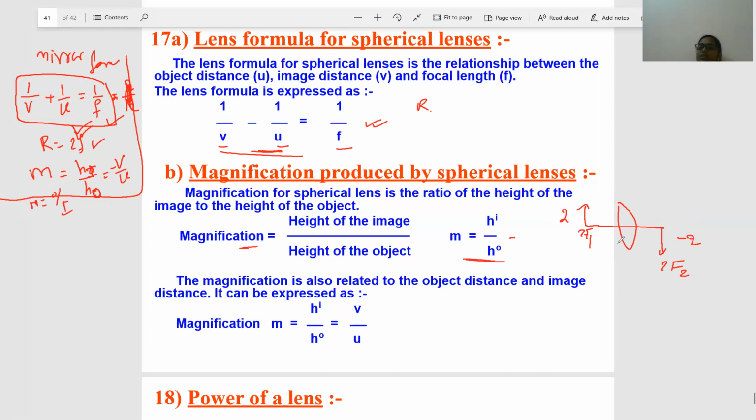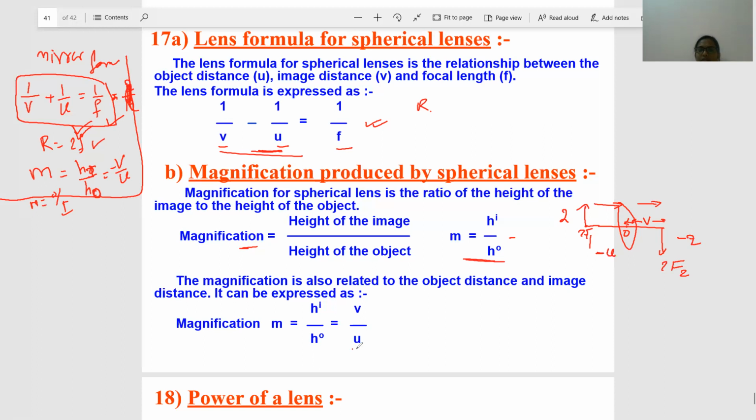The object distance is opposite to the incident ray direction, taken from optic center to the object, so we take minus u. And image distance is in the same direction as the incident ray, so it is plus v, taken from optic center to the image.